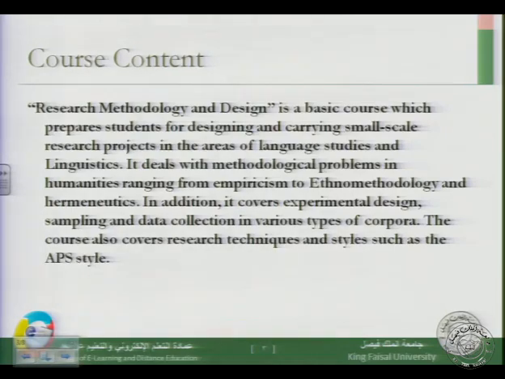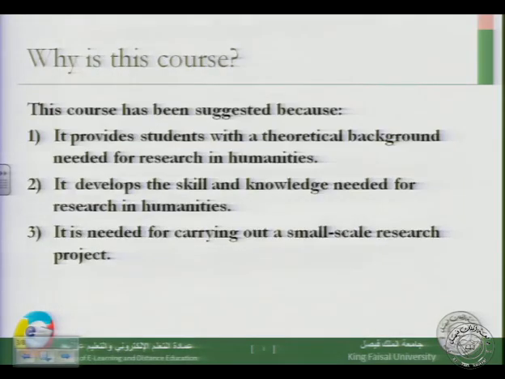And then we want to know the APA style. The APA style is a style used to write a piece of research. There are certain steps or certain criteria that should be applied to your research in order to be compatible with the APA style. All of these will be talked about in our course.